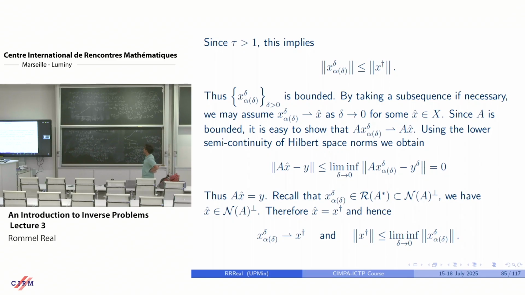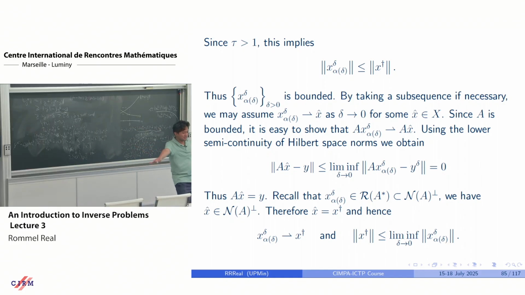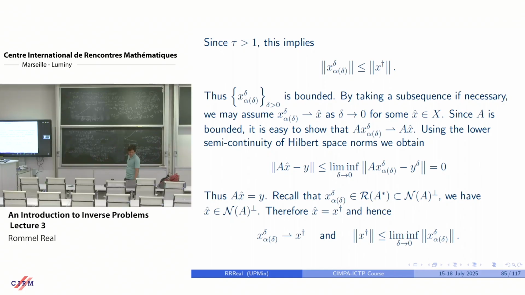By taking a subsequence if necessary, this bounded sequence has a convergent subsequence. And by abuse of notation, you can assume that the same sequence weakly converges to some point x hat as delta goes to 0, for some x hat in X.